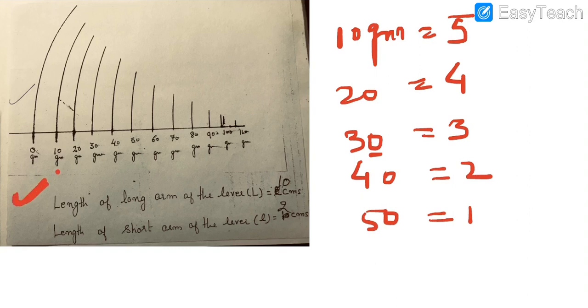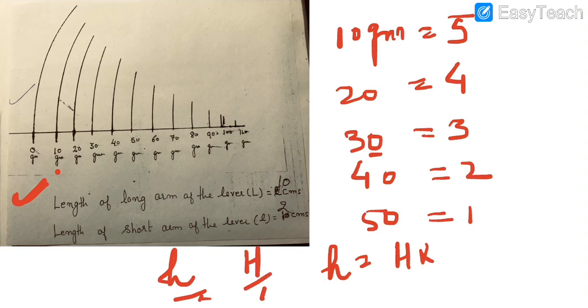Say for the 10 gram, we have to calculate the small h, and that is equal to capital H into, what was the formula? Small h by small l was equal to capital H by capital L. So into small l by A. So this small l and capital L will stay constant, and this capital H is what is changing.